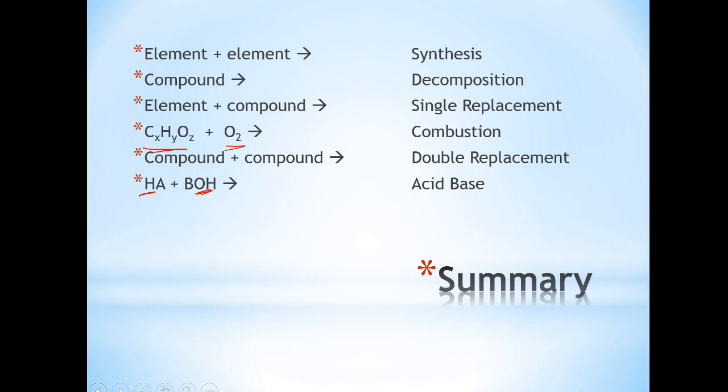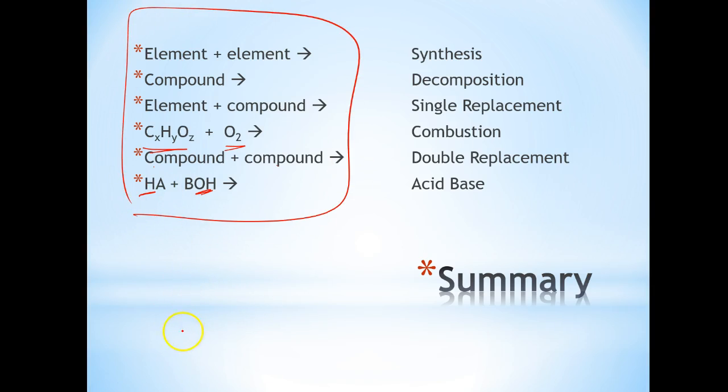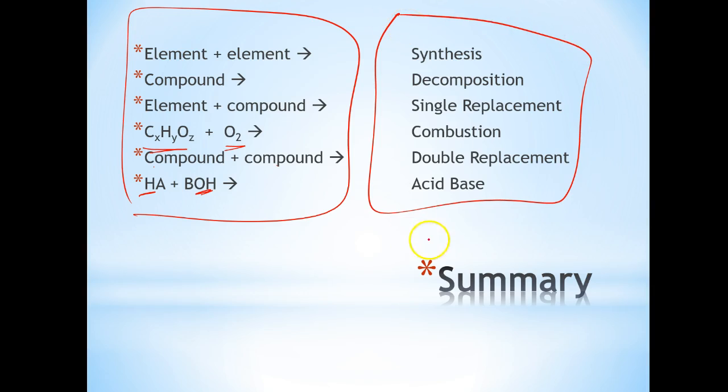Double replacement is compound and compound. Okay, so this is how you can identify, and that's going to be really, really important because we're going to start to do stuff where you have to predict the products based on being able to identify the type, and this will tell you how to figure out the products, and that's what we're going to spend this whole chapter on. And this is actually not super easy, just so you know.